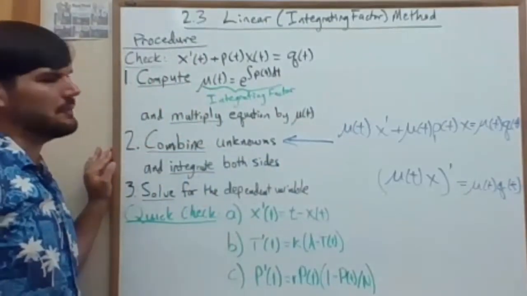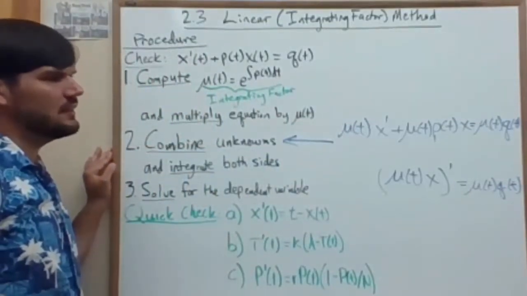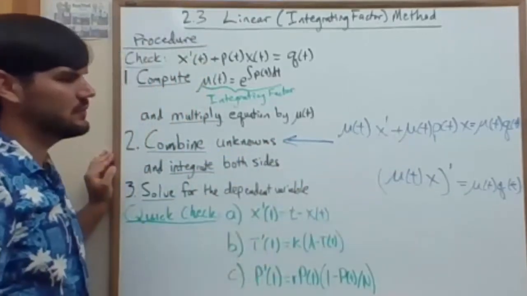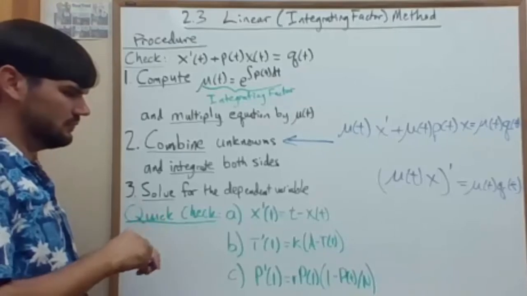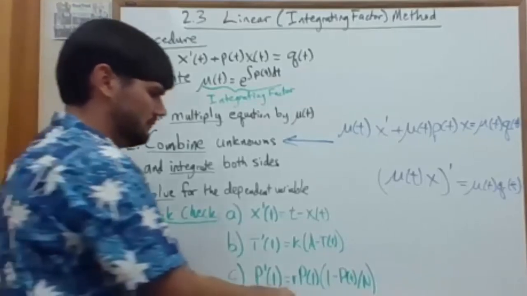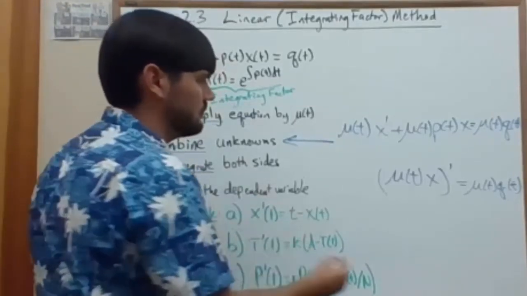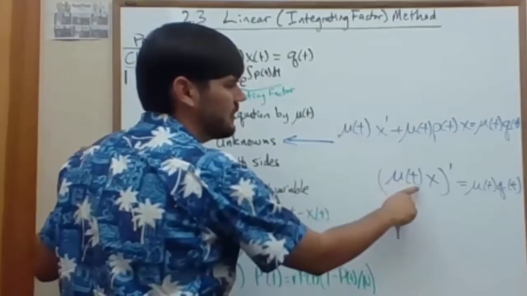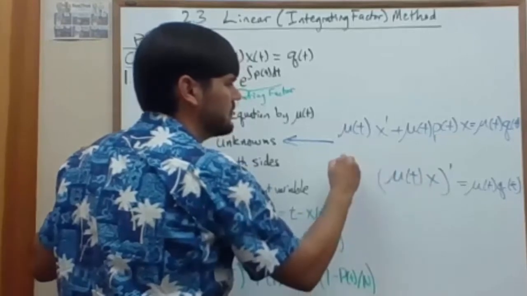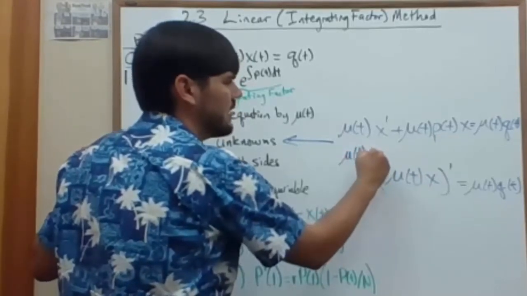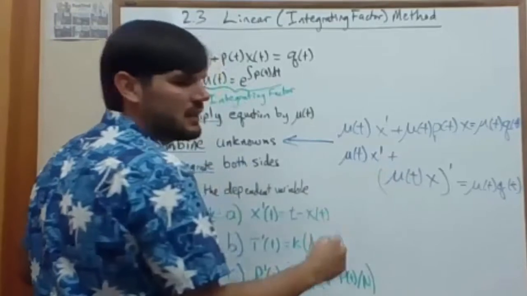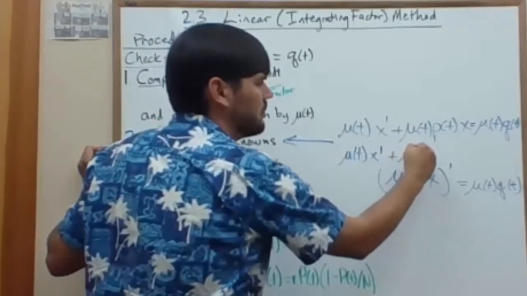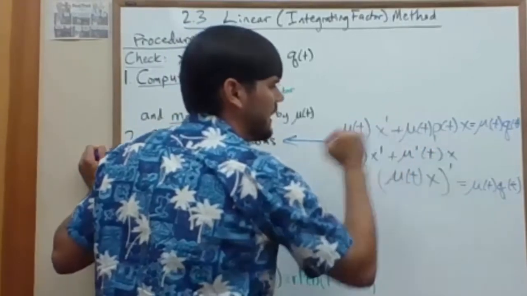To get to that step, we need to match a certain integrating factor. So let's check. If we reverse the product rule, we get the derivative of one and not the other. So mu of t times x prime plus the derivative of the other, not the one. So mu prime of t times x.